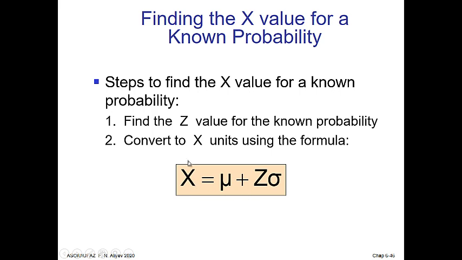This is not a new thing. This is the same thing but written in a different form, which you already know. You know, z equals (x minus mu) over sigma. Yes, this is the same formula, just written in a different form. We will use this to find the x values.